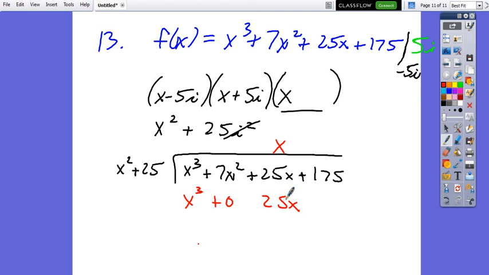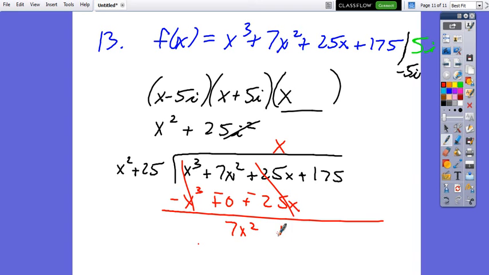All right? So what do we do? We change all the signs, right? Because we're really subtracting. Okay, so what happens to the x cubes? Cancel. 7x squared minus 0 is just 7x squared. 25x minus 25x, 0. Bring down your 175. So plus 175.